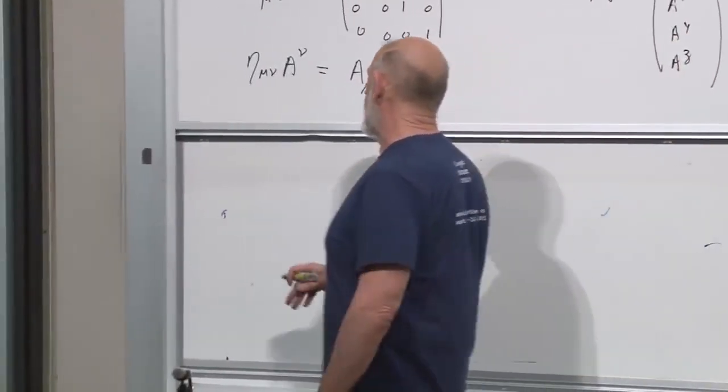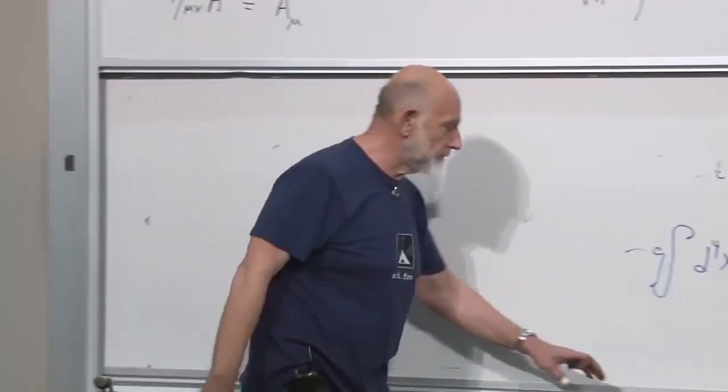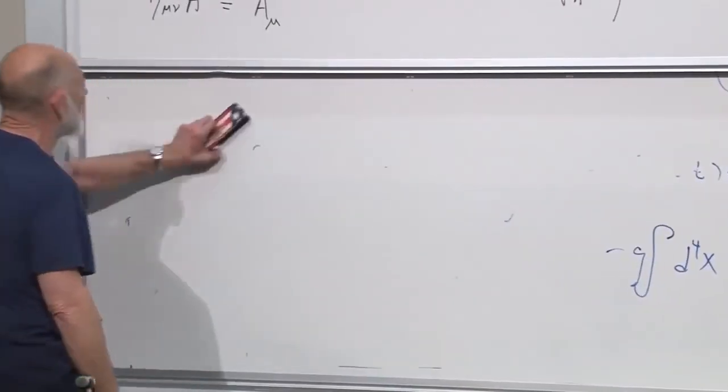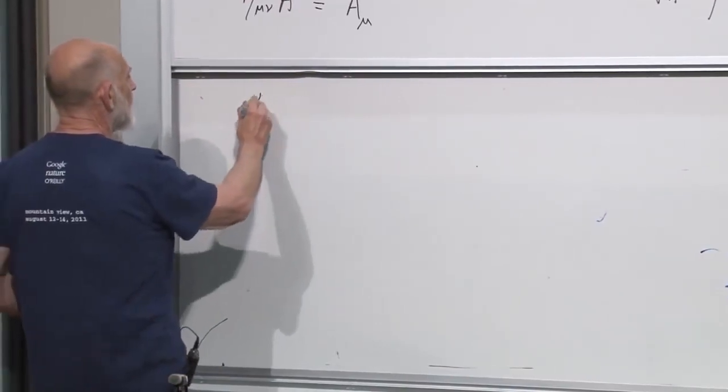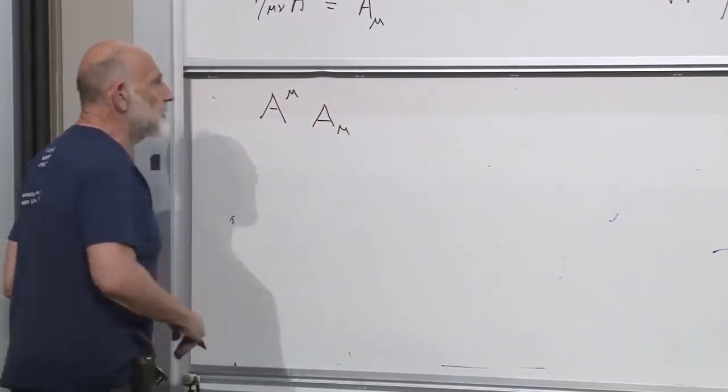All right, now let's go one step further and look at the quantity A mu, A mu. Incidentally, these things have names.